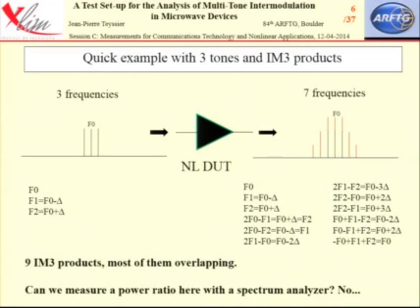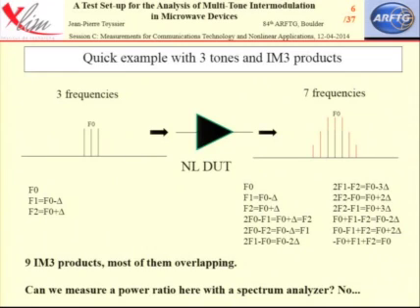So if we look at IM3, this is what we'll get at the output. We'll get some F0, F1, and F2, but also all the 2Fx minus Fy products, and also F0 plus F1 minus F2. And so we end up with 12 frequencies at the end. But these 12 frequencies, look, 2F0 minus F1 is equal to F2. And so on. So, in fact, here there's only one guy, but here there's two guys.